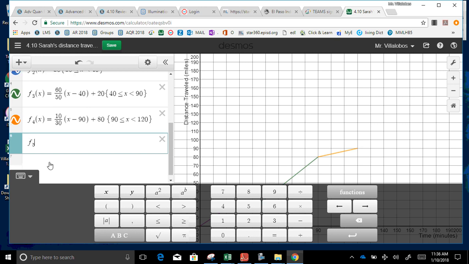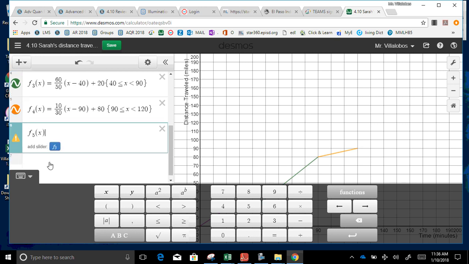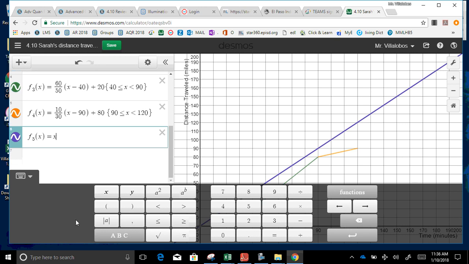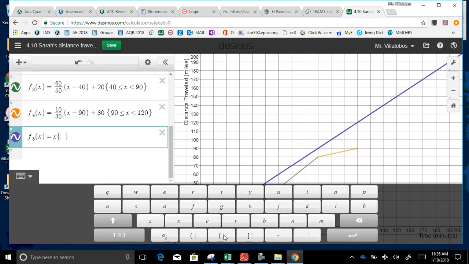And last but not least is the fifth part. It is equal to x, but must be restricted at minute 120.